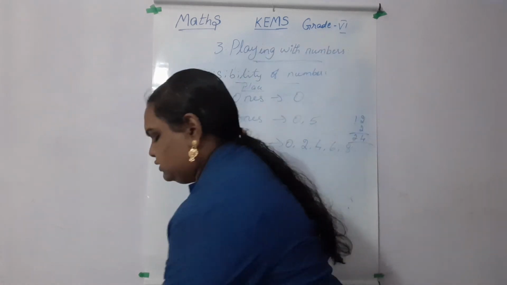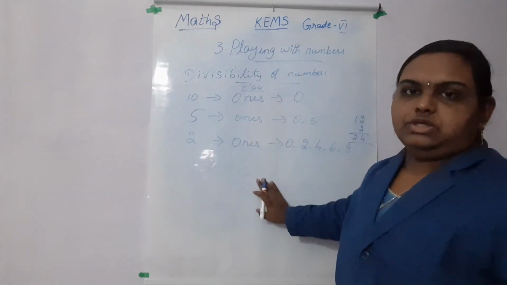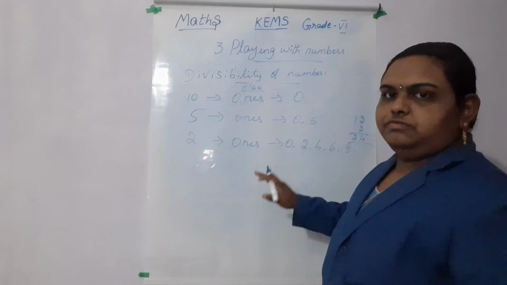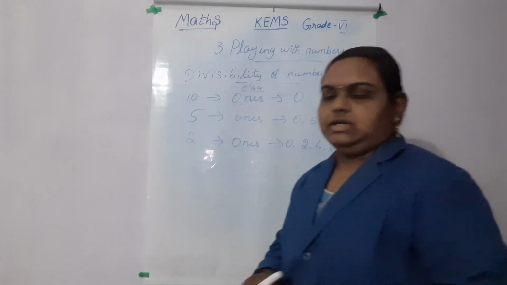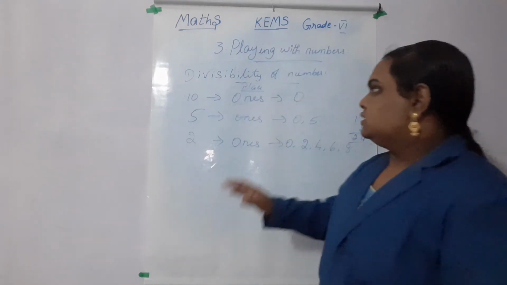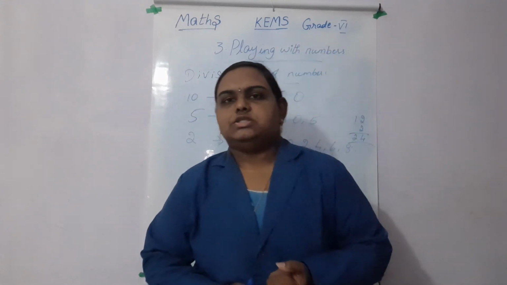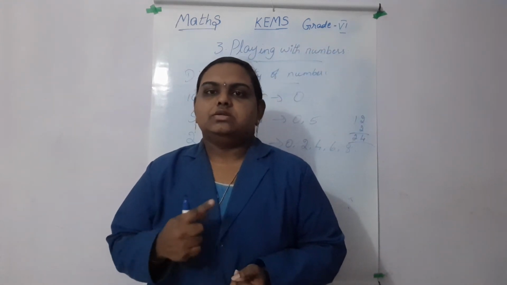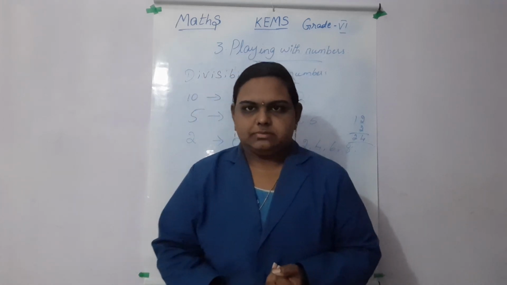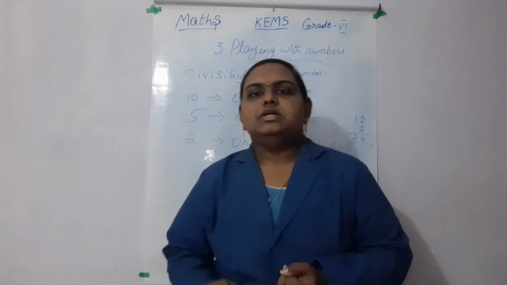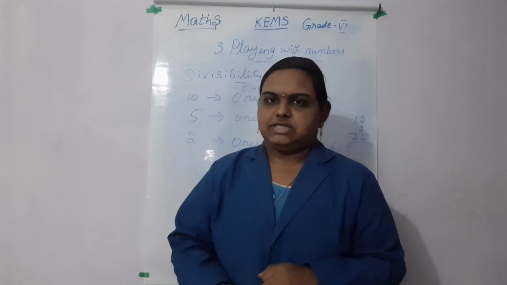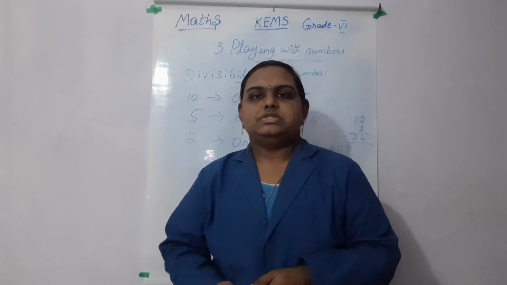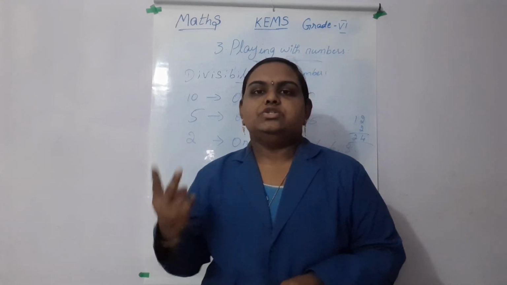Okay. So, these 3 points you have to keep in your mind to find the divisibility of a number easily. Okay. So, first I taught prime numbers and composite numbers. A prime number is nothing but a number that can be multiplied by 1 and by itself. Then composite numbers have more than 2 factors.